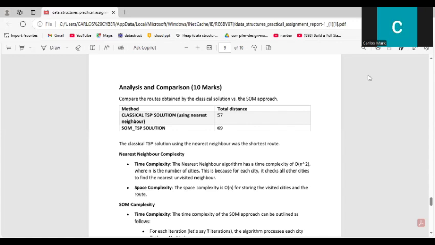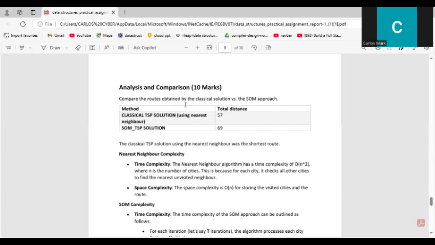For the classical traveling salesman problem, we use the nearest neighbor, which looks at the 7-city graph that we had, and from the start state it goes on to traverse the closest unvisited state.